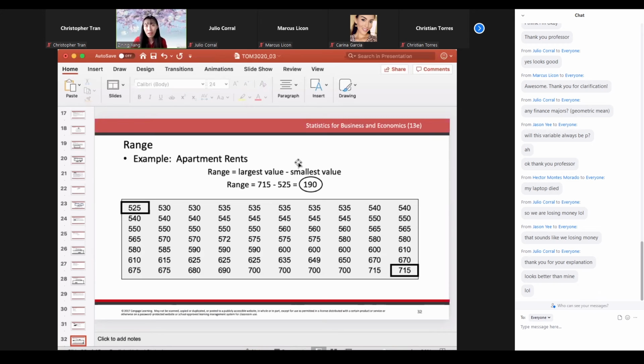So the problem with range is that if you get any extreme value, like your millionaire or your luxury apartment, this number is going to be skewed. And that's not a good reflection of what you want to capture. So it's a problematic measure.